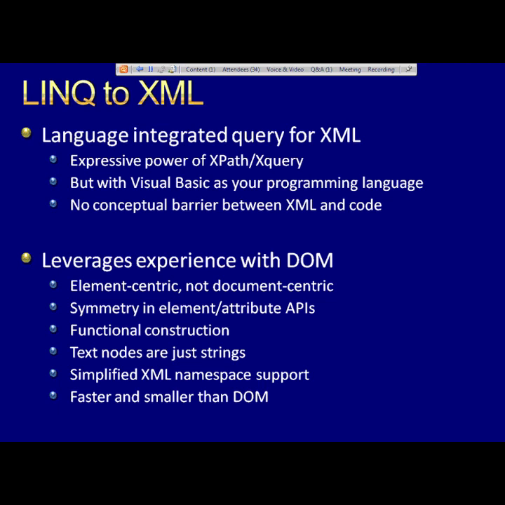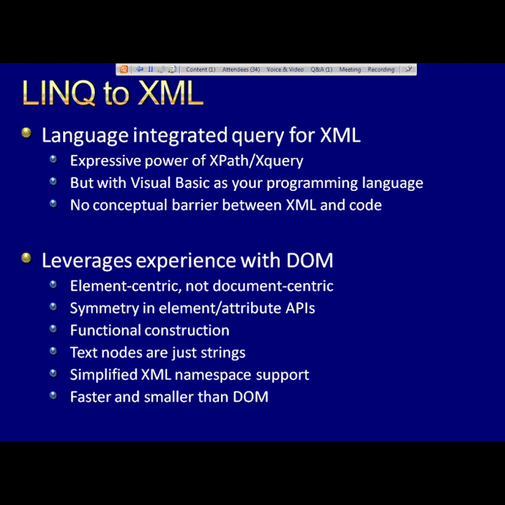Language integrated query for XML has the expressive power of XPath and XQuery. So if you're using a lot of XPath, XQuery, XSLT to transform, manipulate and query XML, you should be able to do everything you're doing there in Visual Basic now. You won't have to make that context switch.